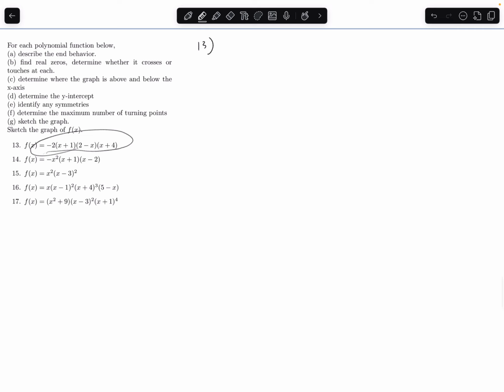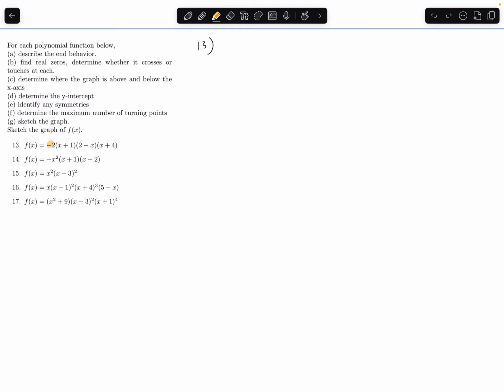Okay, so here's our polynomial function. And first it's asked to describe the end behavior. Now, describing the end behavior, remember, depends on the leading coefficient and the leading term. When you look at something like this all factored out, your first thought might be, oh shoot, I have to multiply the whole thing out to get the leading term. But there's a sneaky way around it. You don't really have to know the whole result.